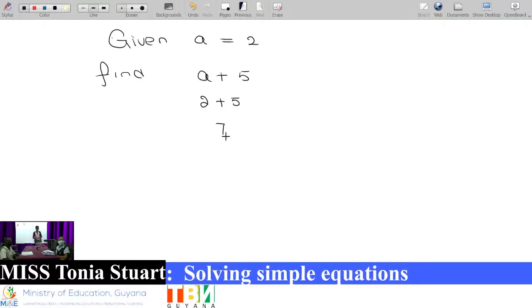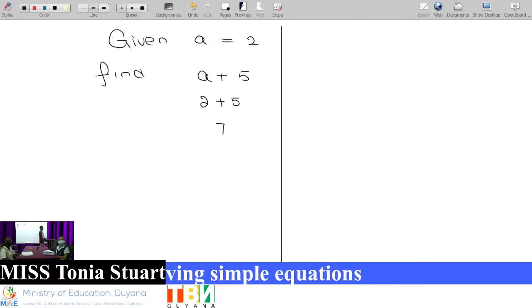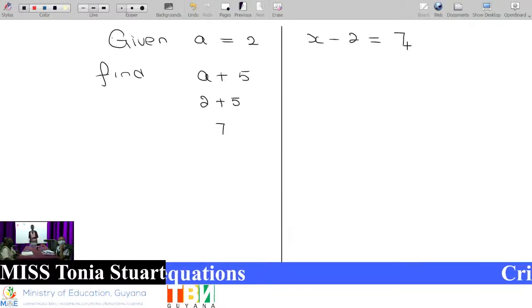So in this particular scenario, in terms of equations, for example, x minus 2 is equal to 7. Here we have the unknown, and we want to know what value x must take on to make our equation balance.